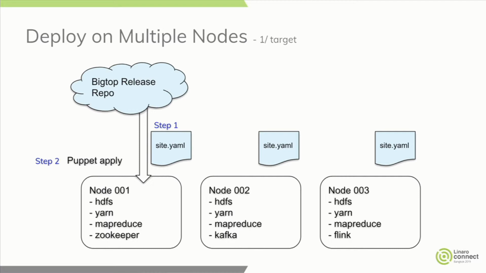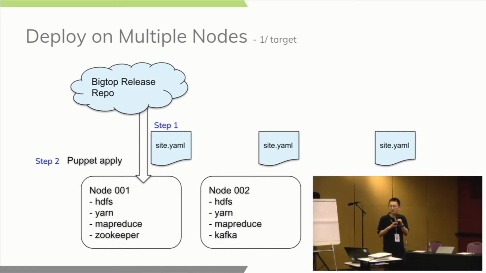Then you run puppet apply, again, on each of your machines. That's it. The site YAML files don't have to be the same. You can specify different components for your nodes, like in this example, I gave ZooKeeper on node 1, Kafka on node 2, Flink on node 3.